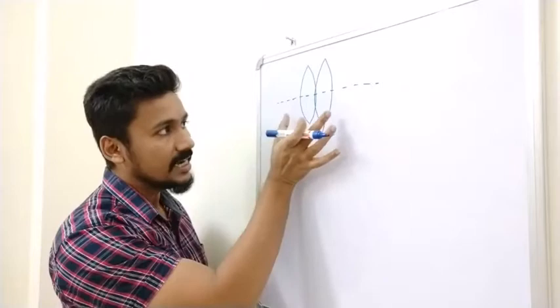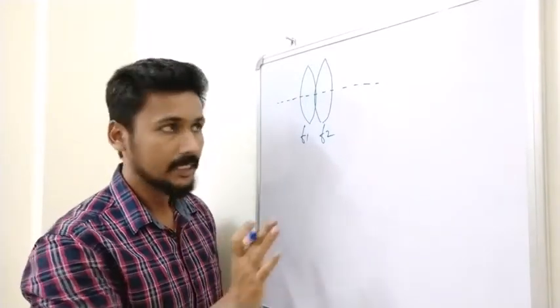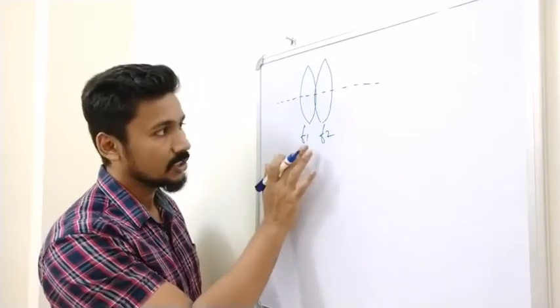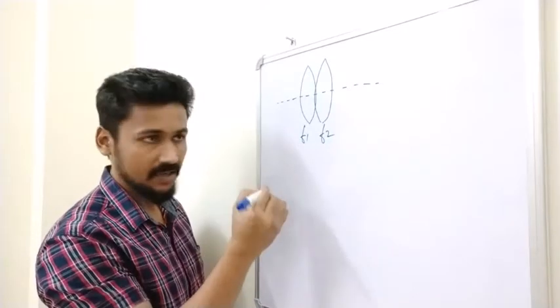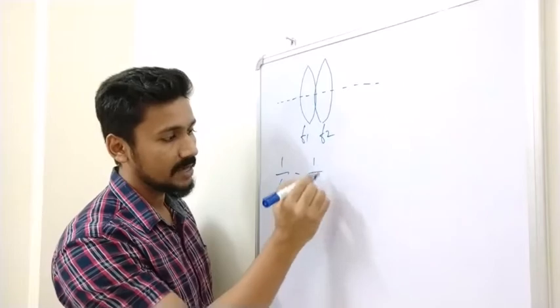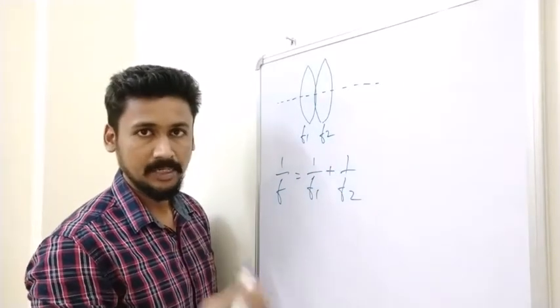This combination is going to have a combined focal length, right? So we are going to see a formula for that combined focal length, which is very easy. Because of these two lenses, the combined focal length f will be given by 1 by f is equal to 1 by f1 plus 1 by f2. Again, a very simple formula.